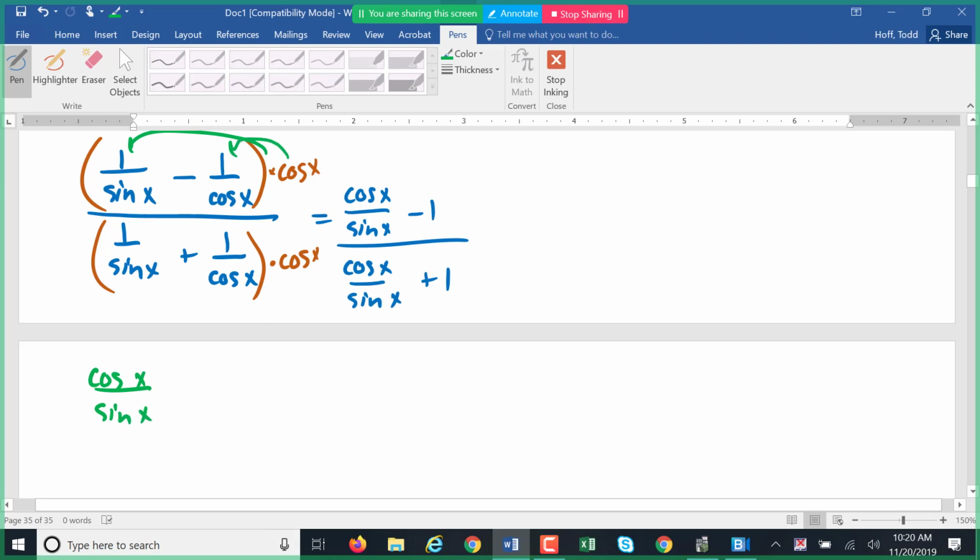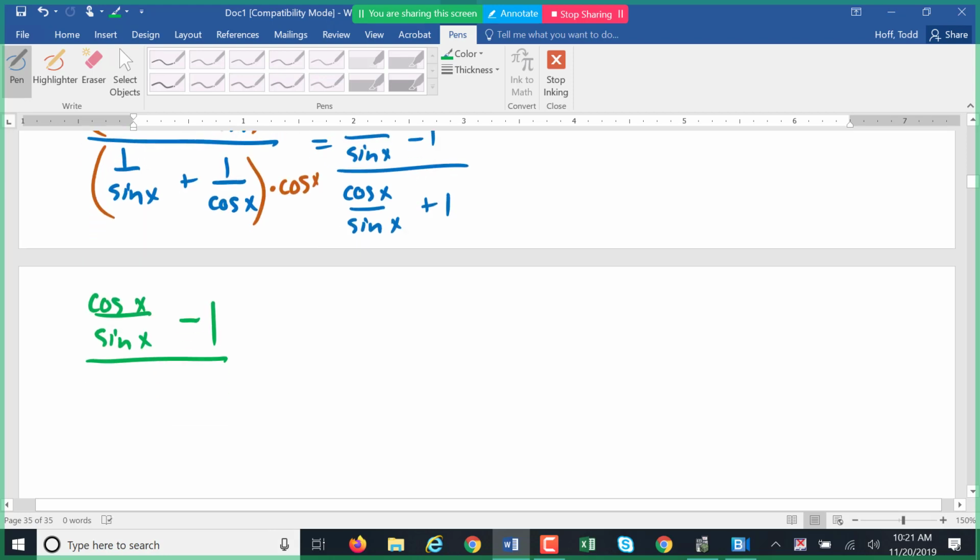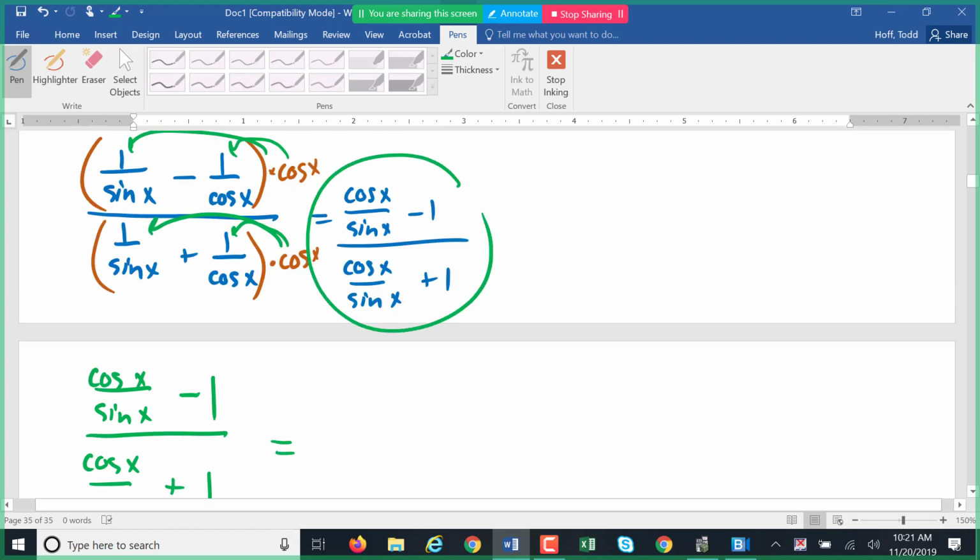Cosine x times negative 1 over cosine x is just a negative 1. On bottom, cosine x times 1 over sine x is again cosine x over sine x. Cosine x times 1 over cosine x is just a positive 1. We notice that that is now the same as what we have on the right side of that equation.